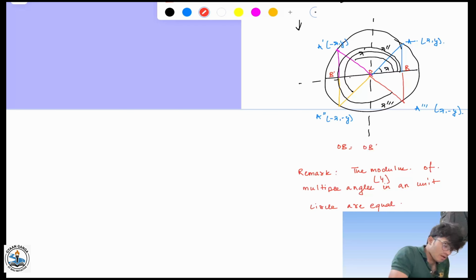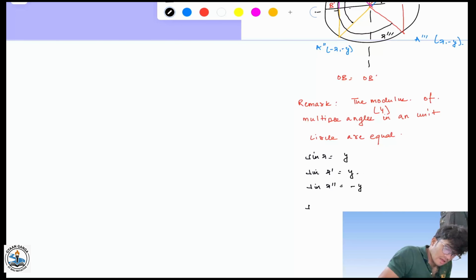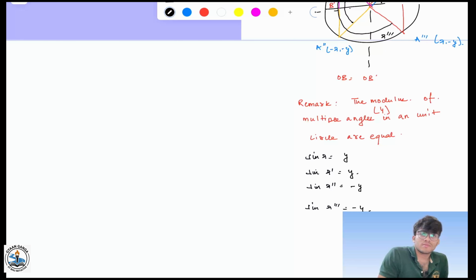Right? What I mean by that is, what is the value of sin x? It is y. What is the value of sin x dash? It is y. Just pick out the y coordinate. Sin x double dash, it is minus y. And for sin x triple dash, it is again minus y. But you take the absolute value. That is, if sin x double dash is minus 2, then I'll just focus on the number rather than the sign.